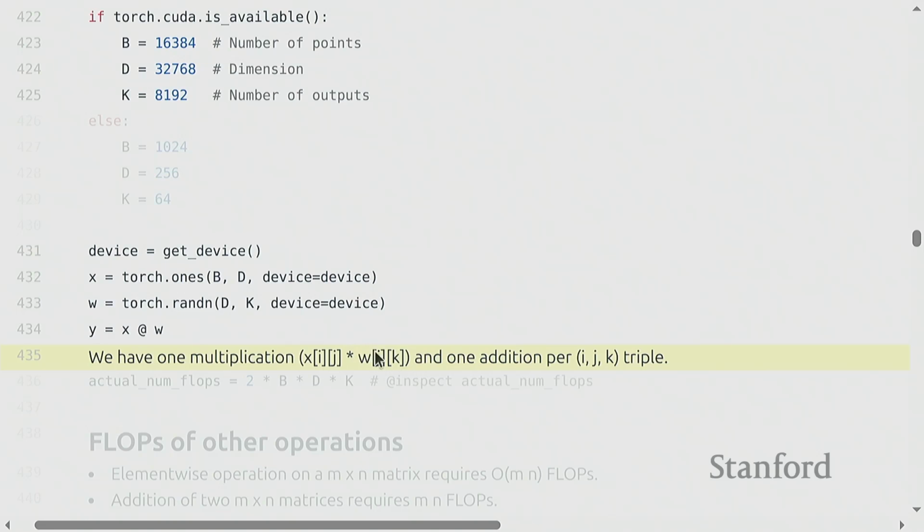So the answer is 2 times the product of all the dimensions involved: the left dimension, the middle dimension, and the right dimension. This is something you should just remember. If you're doing a matrix multiplication, the number of flops is 2 times the product of the 3 dimensions.